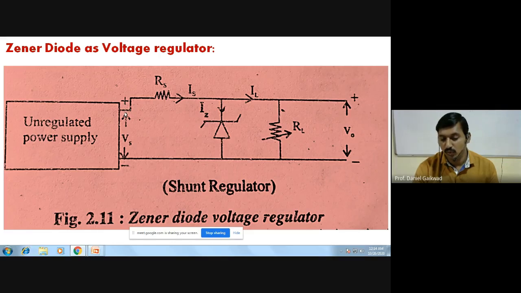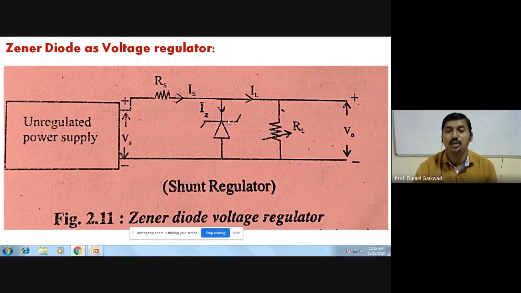Now we have the connections. Check carefully. One positive terminal goes to the RS. Then here we have the connection of the Zener diode. So the positive will be connected to the N type of the Zener diode, and the negative terminal of the supply is connected to the P type of the diode.